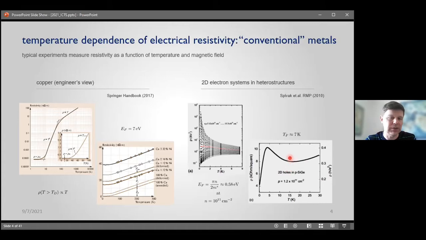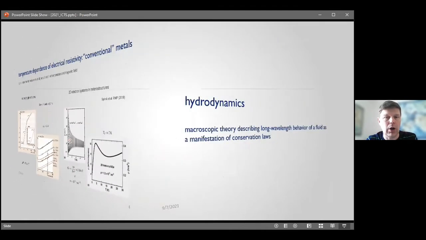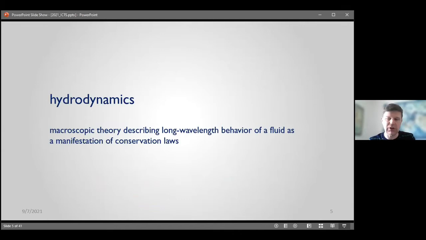Now the electronic system is not degenerate, and the behavior of an interacting system that is not degenerate is even harder to describe than the one in the Fermi liquid regime. Interactions are typically very difficult to describe in many-body systems. If we have a weakly interacting system, then we can use some sort of perturbation theory.